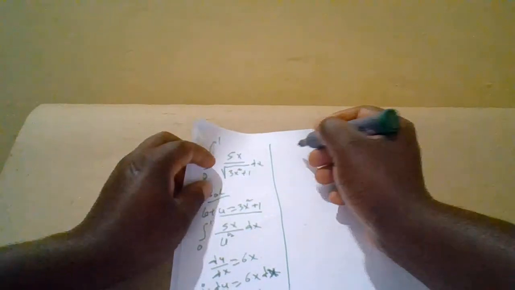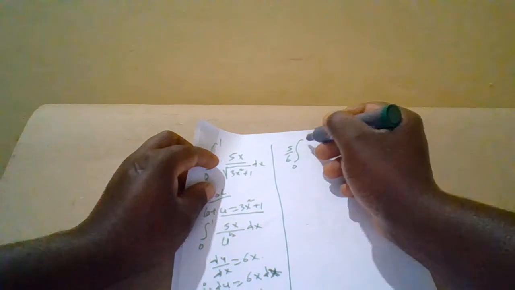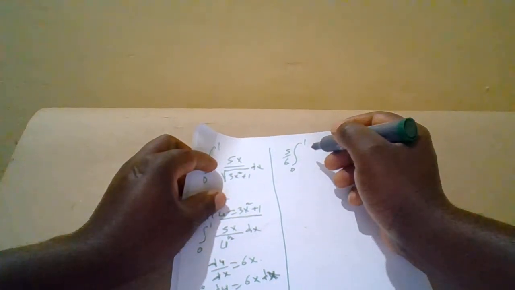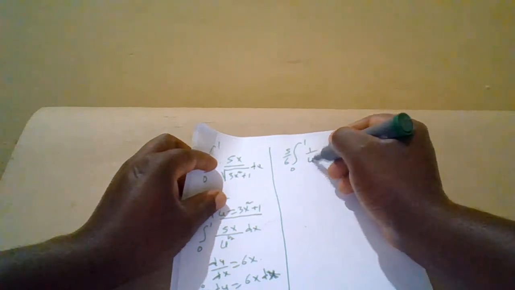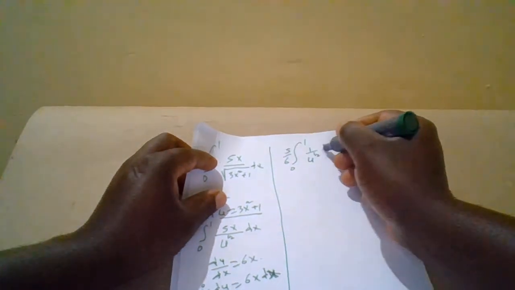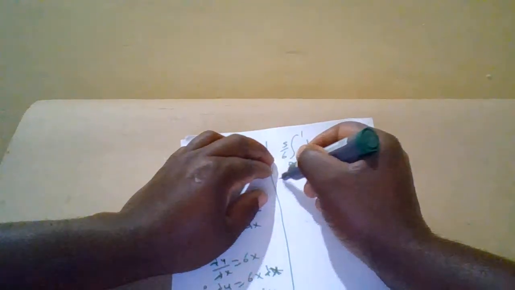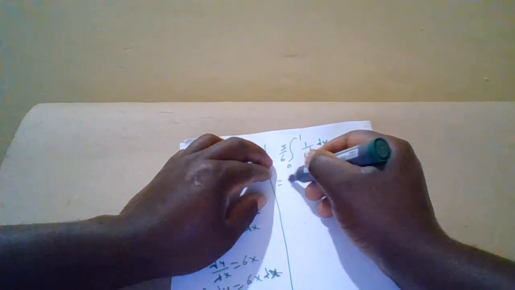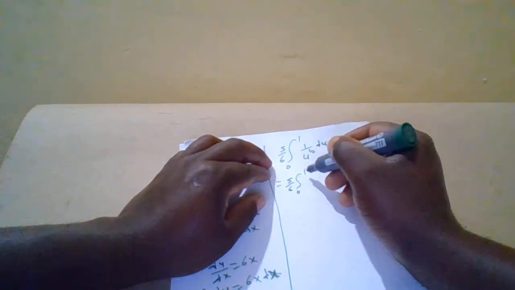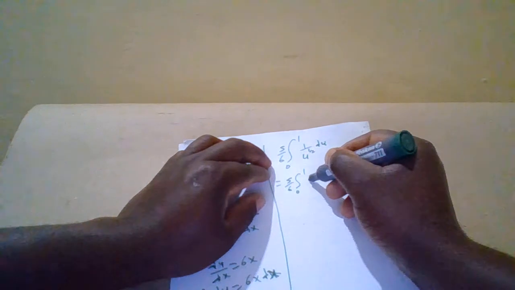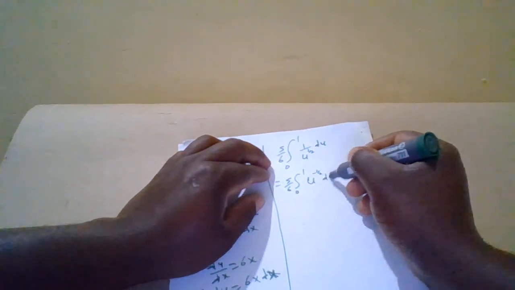So we shall have 5 over 6 from 0 to 1, then 1 over u raised to a half, du. We can write this as 5 over 6, the integral from 0 to 1, of u raised to negative a half, du.